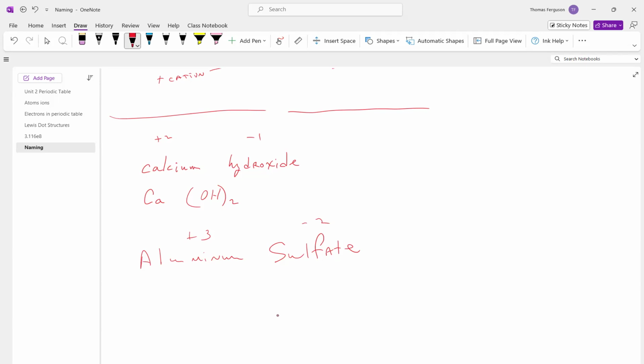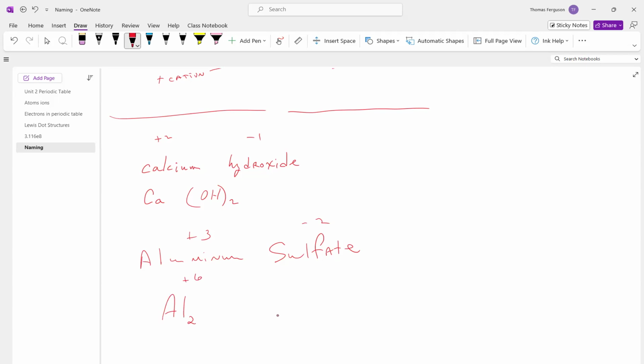We have 2 aluminums. What does that come to? Well, each one is +3. So what's the charge on 2 aluminums? 2 3s. 6, right.